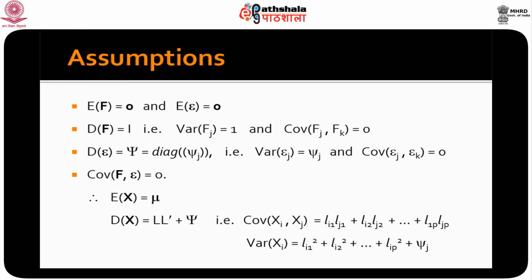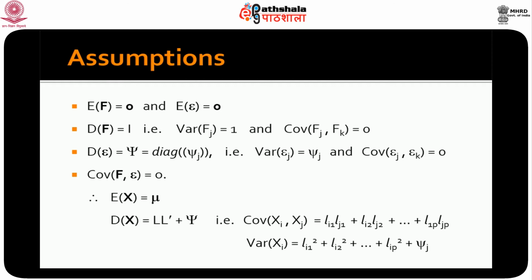Okay. So, the second assumption that we make is that the covariance of f is equal to the identity matrix, that is the variances of the fj's are equal to 1 and the fj's are uncorrelated among themselves. So, the covariance is 0. It is a diagonal matrix with all the diagonal elements equal to 1. We assume that the covariance of the epsilon is equal to psi, which is a diagonal matrix.